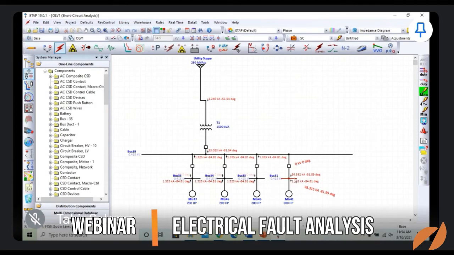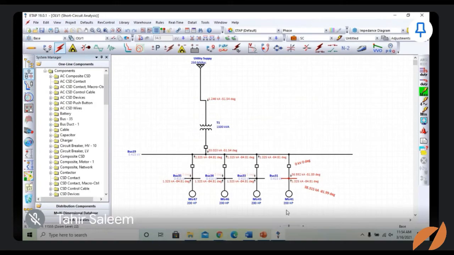This motor is also contributing because the inertia is still present in this motor at the start of the half cycle of the short circuit, and the total current at this bus bar is the same as the main bus bar, 38.315 kiloampere, due to the contribution of these four motors.